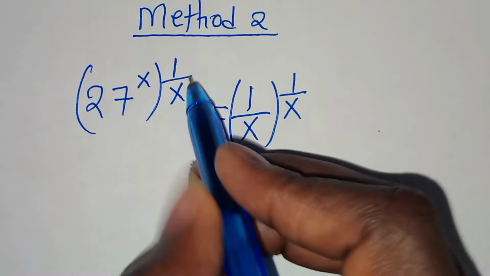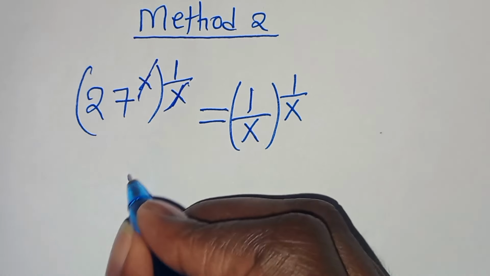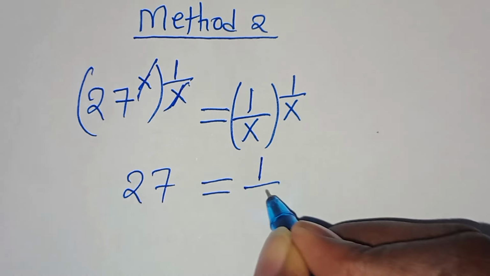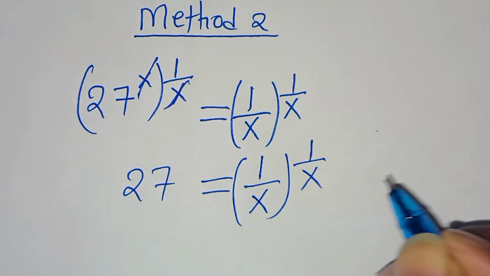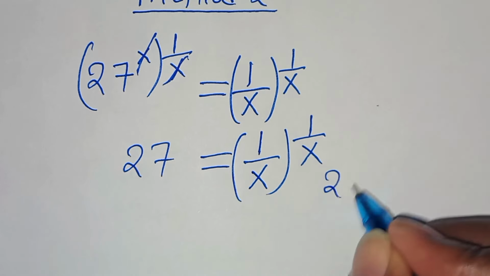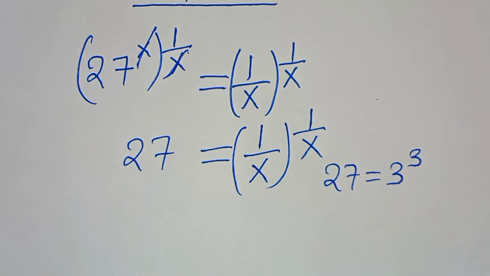So now let's simplify here. The x and x simplify, so that now we have 27 equal to 1 over x raised to the power of 1 over x. The next step is that we can express 27 as 3 to the power of 3.